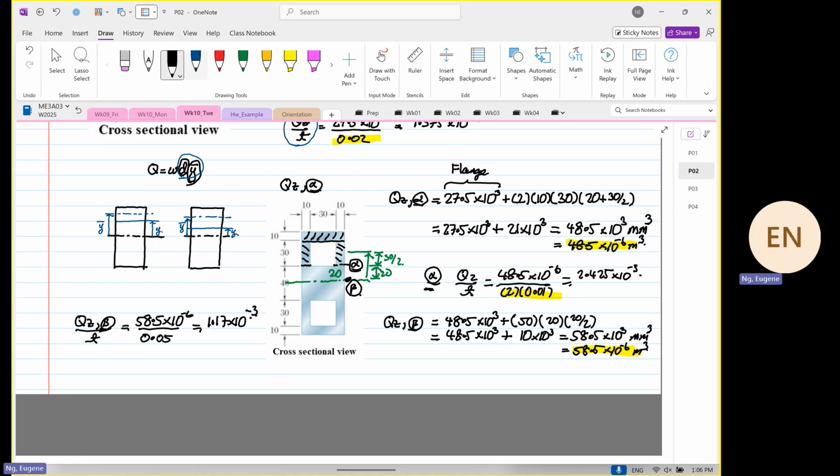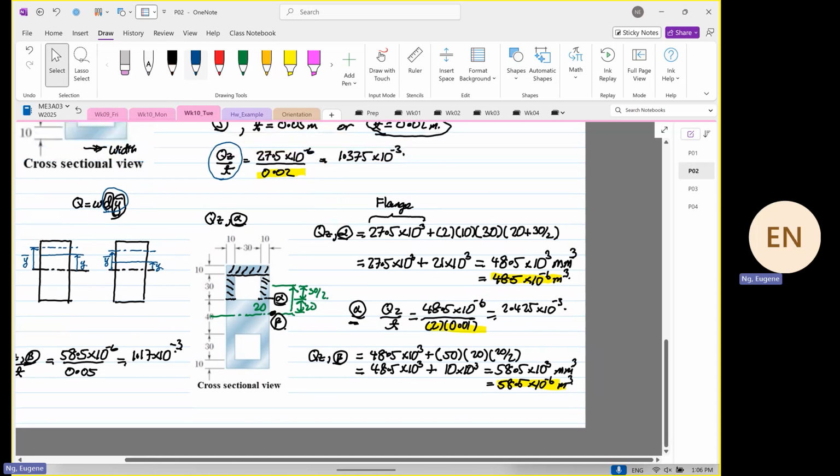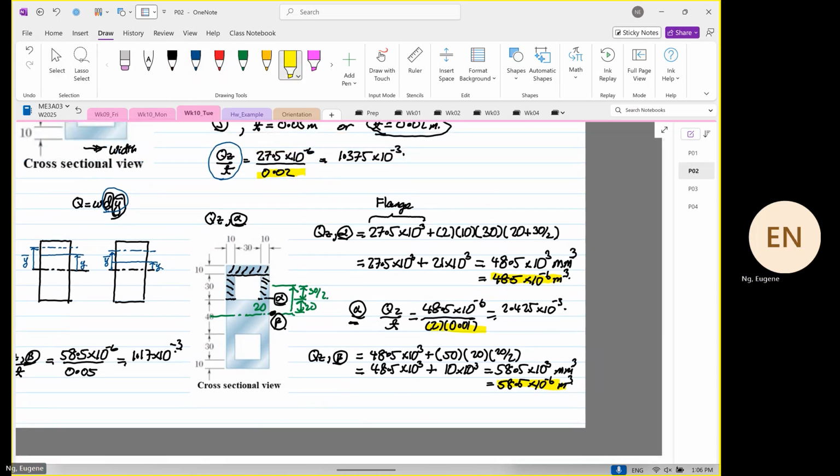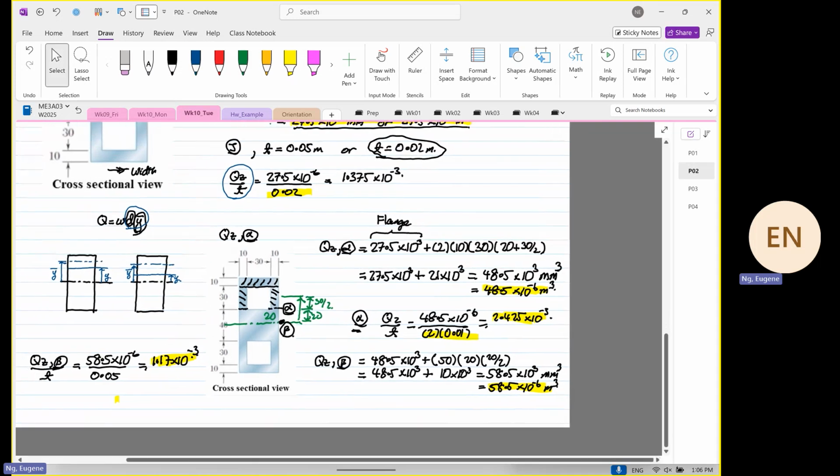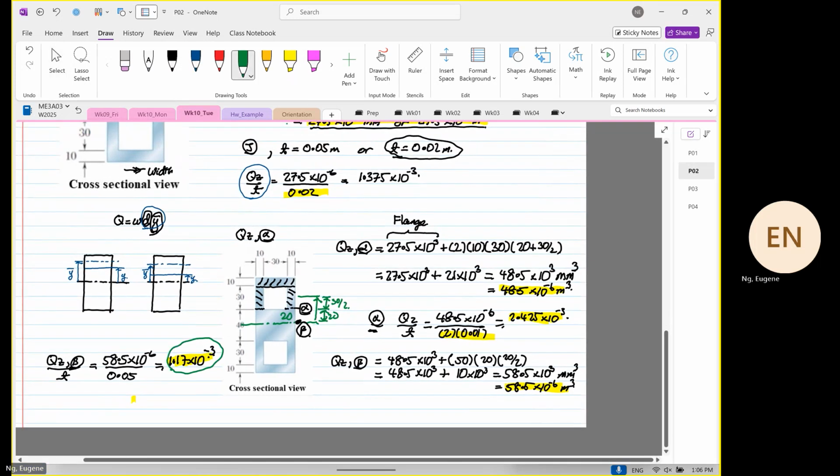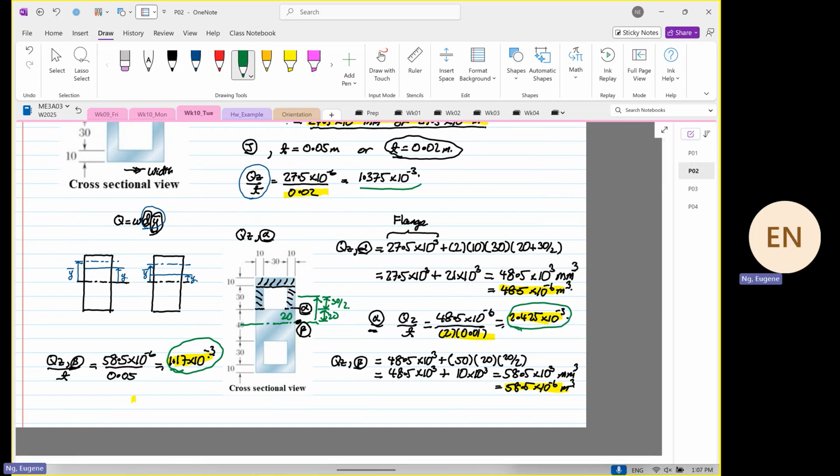So from here, what do we realize? If we look at these values over here, this is at beta, this is at alpha, and this is at J. We realize that the highest ratio is at alpha.